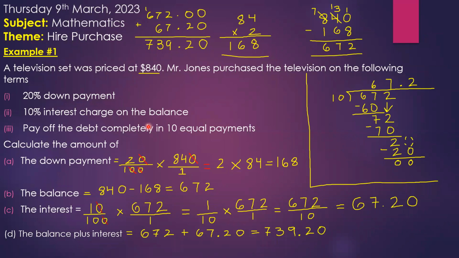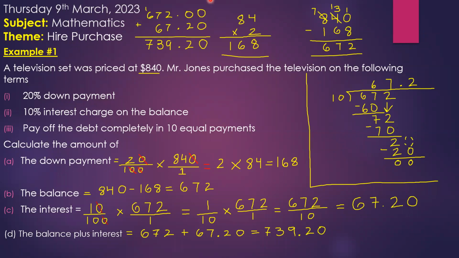Yeah, so it says a television set was priced at $840. Mr. Jones purchased the television set on the following terms: 20% down payment, 10% interest charged on the balance, and paid off the debt completely in 10 equal payments. So A says calculate the amount of down payment. You do 20 over 100 times 840 over 1.